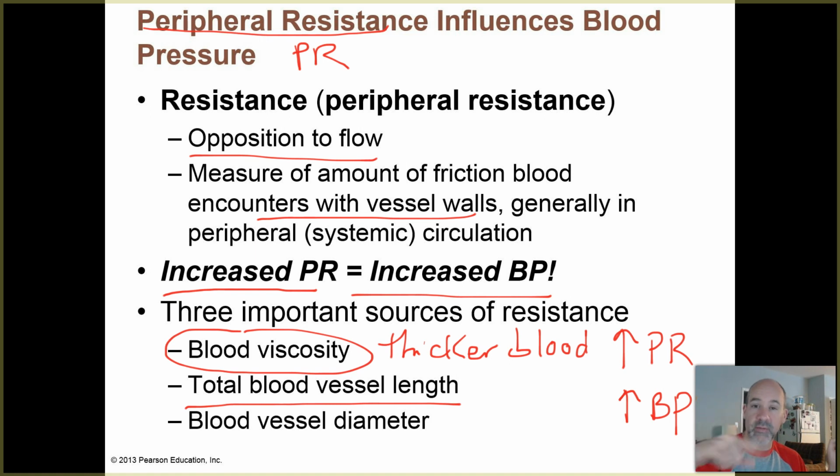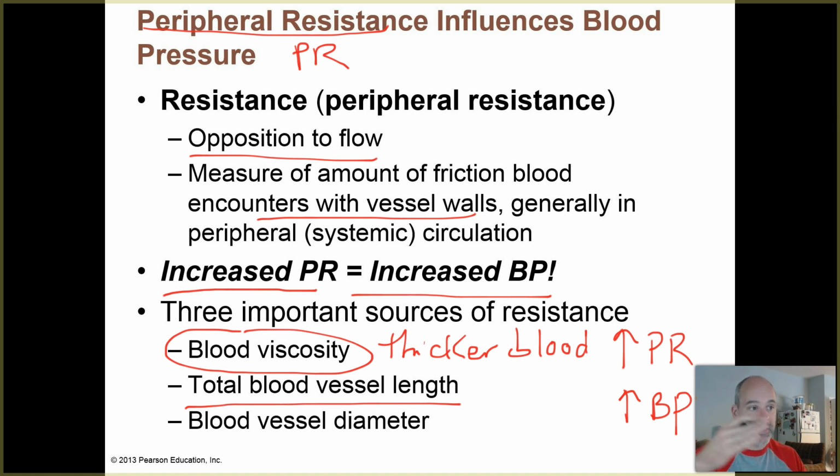And that's because there's more friction associated with the longer straw. There's more contact between the water and the walls of the inside of the straw. And that means more force is required to move that water through there. Same thing with your blood vessels.